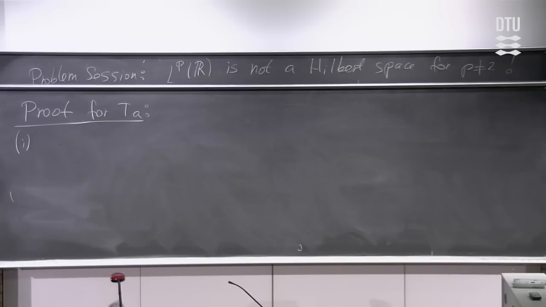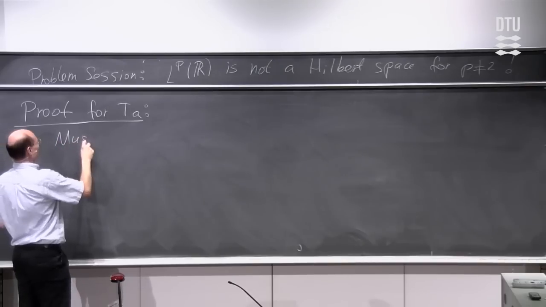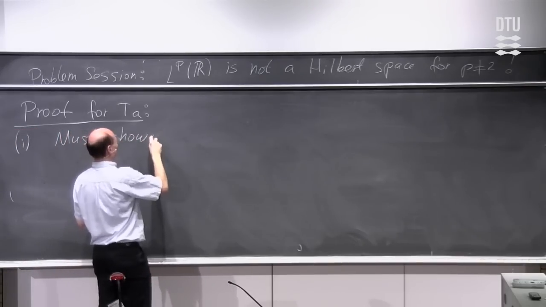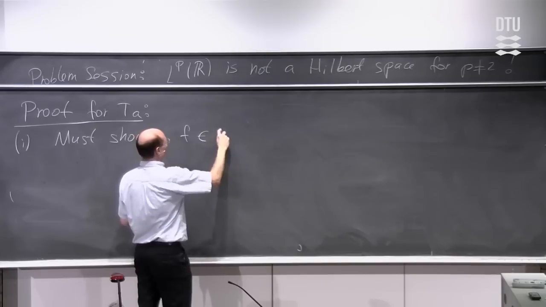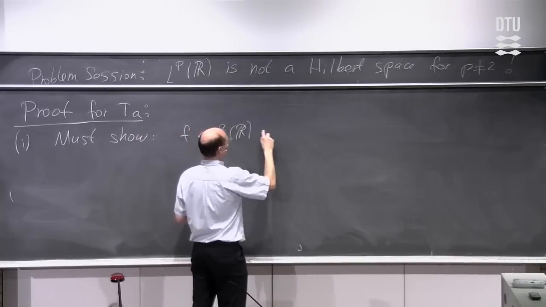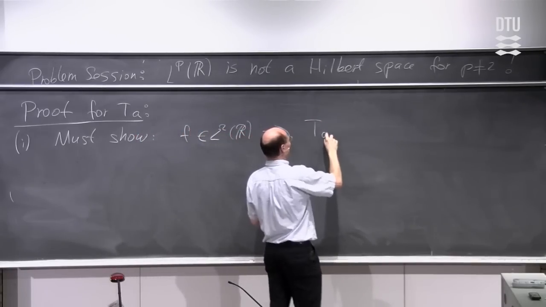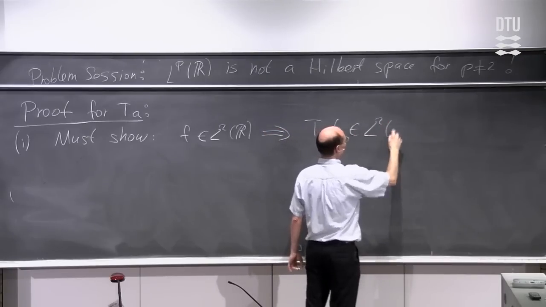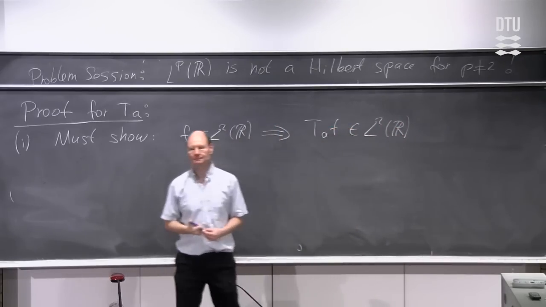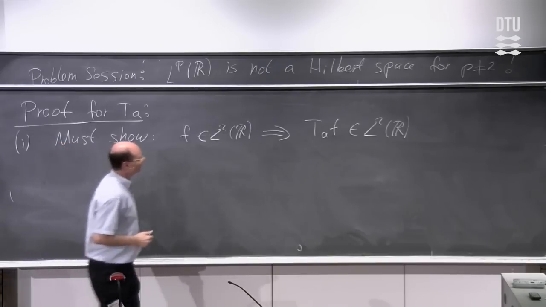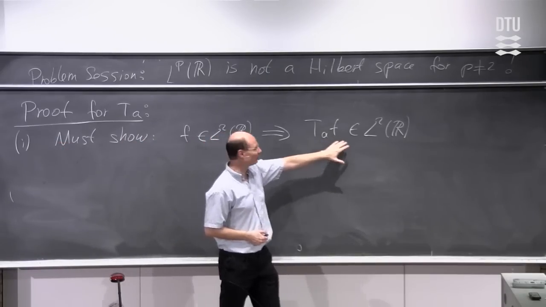So we have to prove that the operator is well-defined. And what it means that the translation operator is well-defined, means we have to prove that it is actually an operator that goes from L2 of R into L2 of R. So that means we have to prove that if F belongs to L2 of R, then we must show that TA of F also belongs to L2 of R. So the way to do that is to say, what does it mean that TA of F belongs to L2?